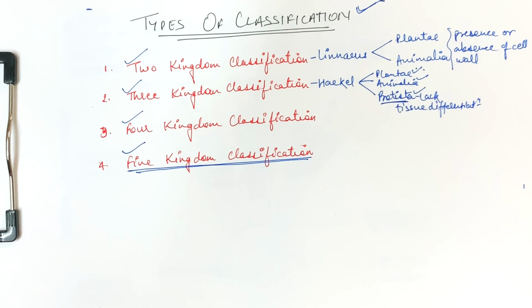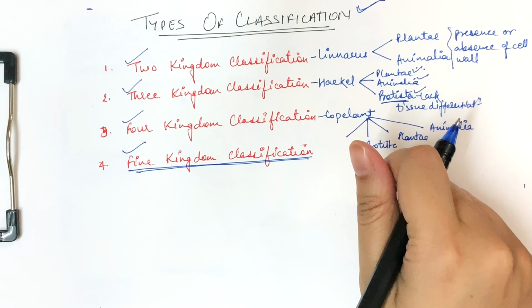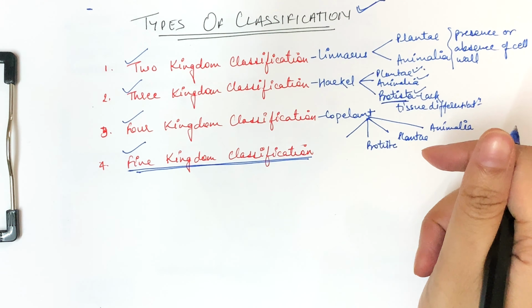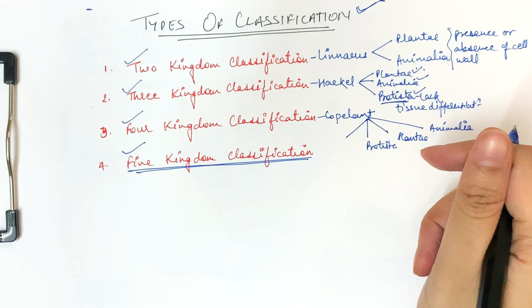This separate kingdom is for the bacteria and related organisms, and this was known as Monera. Basically this is for bacteria or similar organisms.